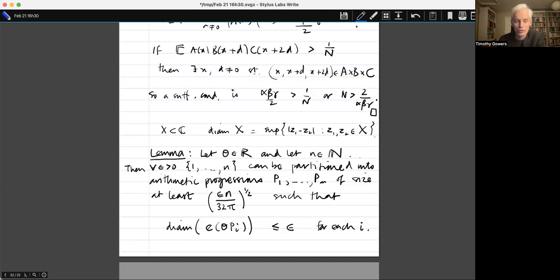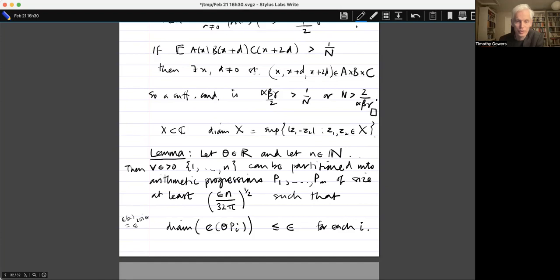So what I mean by this, just to be absolutely clear about it, so Pi is some arithmetic progression living inside 1 up to n. Theta Pi, I just multiply everything in that arithmetic progression by the real number theta, and I get some arithmetic progression of real numbers. Then I apply the e of that, so recall that e of alpha is just e to the 2 pi i alpha.